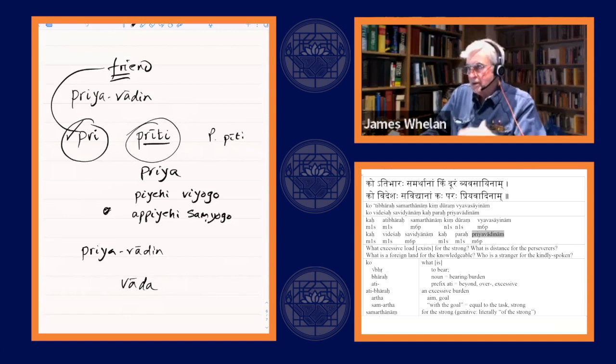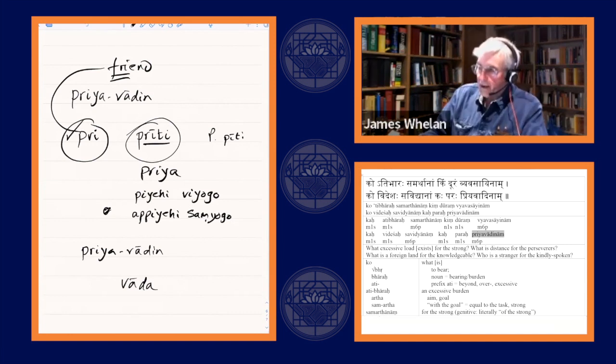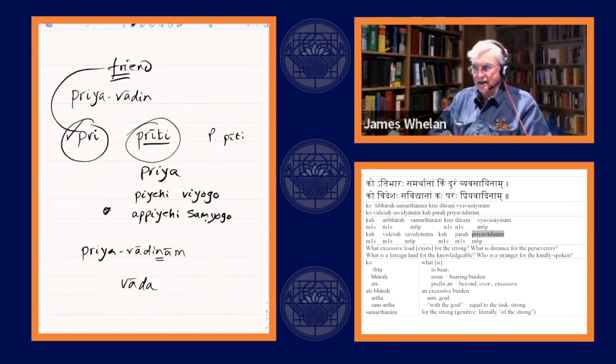Priyavada means sweet talk, a friendly way of talking. A Priyavadin is somebody who speaks in a friendly way. You make the genitive plural because the stem ends in a consonant, so the genitive plural is Priyavadinam.